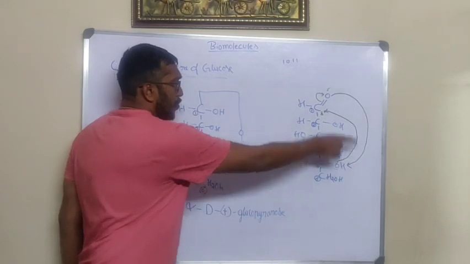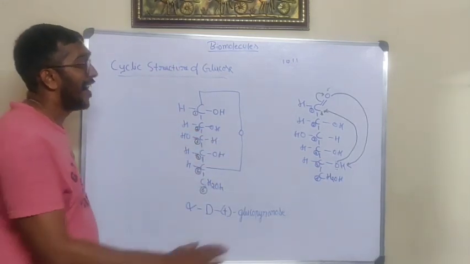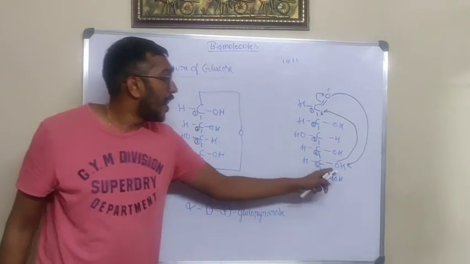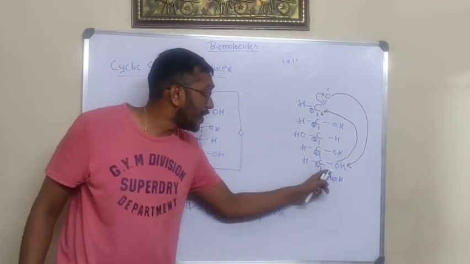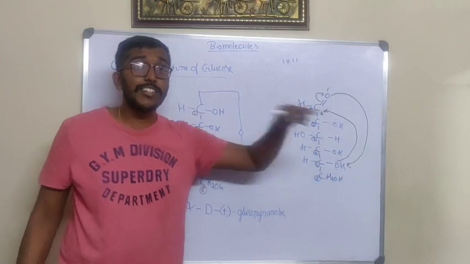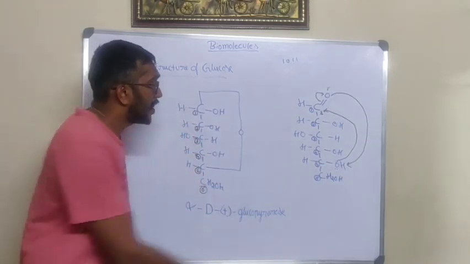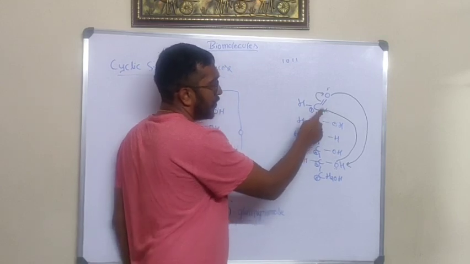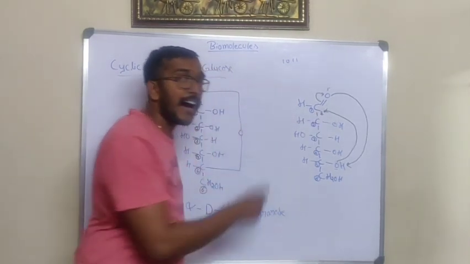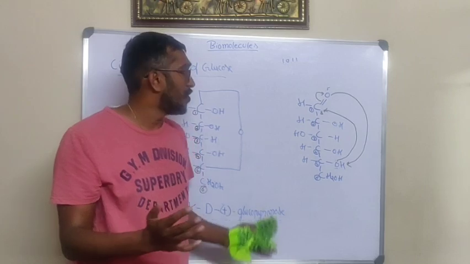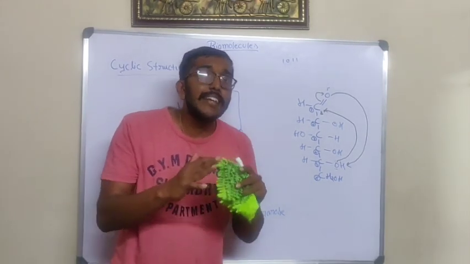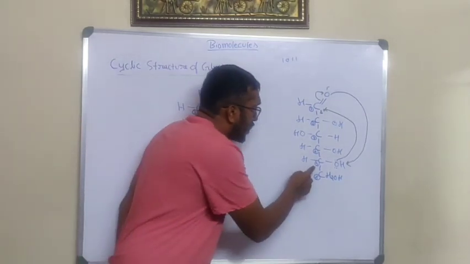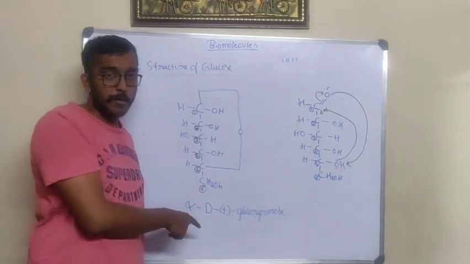So this O will attack. Let me come to the point. Why is it only the fifth carbon whose OH group oxygen is activated? See here, if this oxygen goes and forms a bond with the first carbon, there will be more cyclic strain. Here it has formed a 6-member ring.